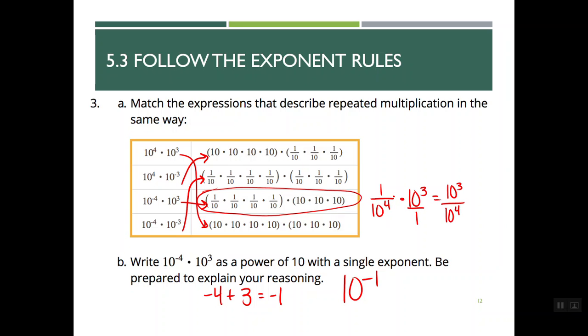Put this over 1, and I treat these like fractions. My rule was subtraction, right? 3 minus 4 is negative 1. This also is 1/10. So remember that means 10 to the first on the bottom, but because it's on the bottom, then we say negative 1.